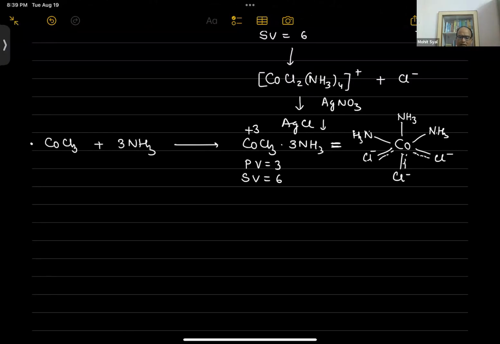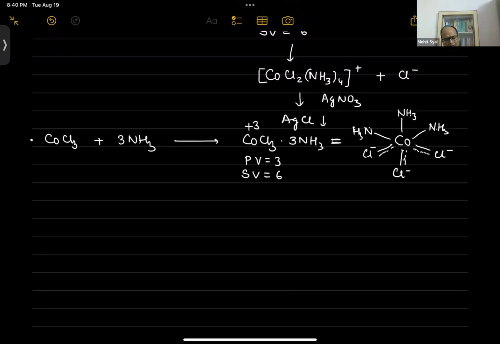So why none of them? Nobody will ionize. Nobody will come out. What's the reason? The reason is they are connected by covalent bonds. They are satisfying the secondary valency. They are held very tightly, and they will not be ionized.